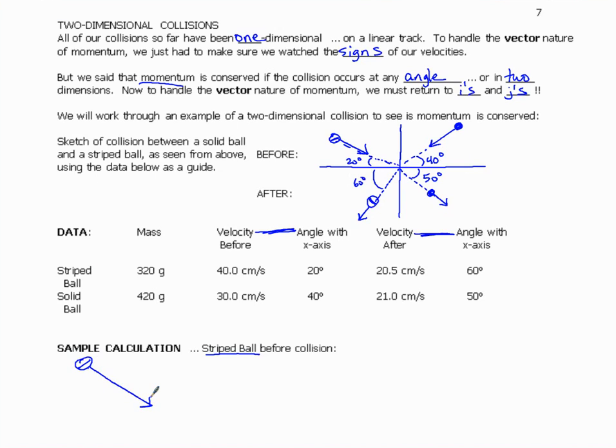And we need to find the I component and the J component. So we want to know the horizontal component, that's I. And we want to know the vertical component, which is the J. That's going to form a right angle, horizontal versus the vertical.